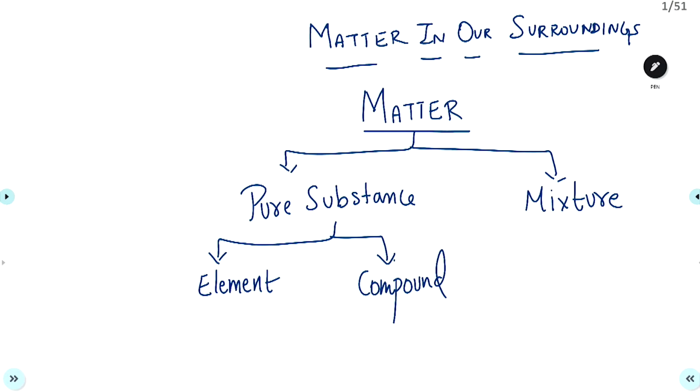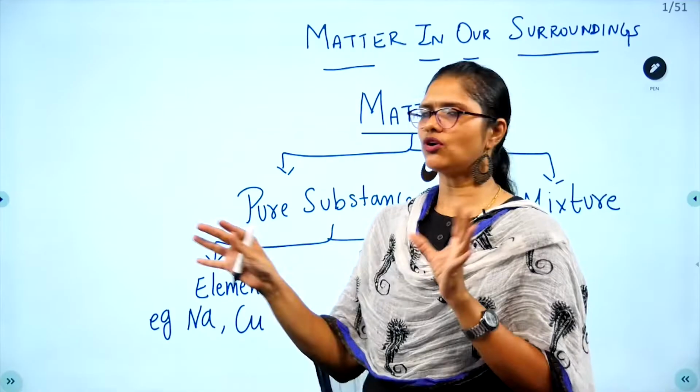Example for element, say sodium. Sodium, what is the symbol? Na. So sodium means it is made up of only sodium atoms. If you take a lattice of sodium, it will be made up of only sodium atoms, right? Then copper. Copper is a metal, and between the copper atoms the attractive force will be there, and it will be made up of only copper atoms.